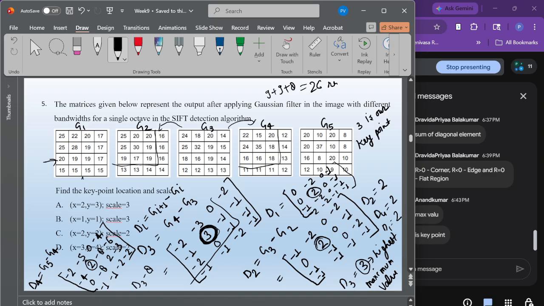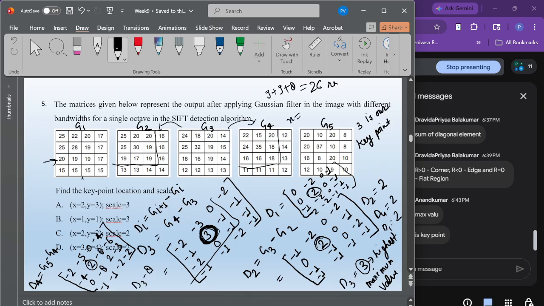Right? Now we need to map the 3 into the coordinates because they are asking for the key point location. The 3 is provided in the second row and second column, right? So what will be the location of this?